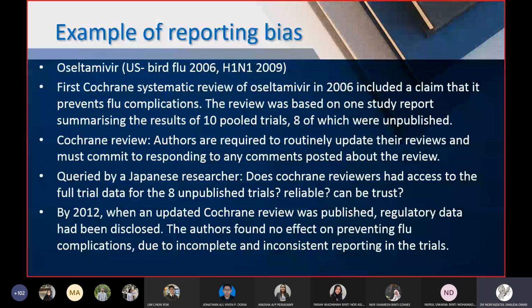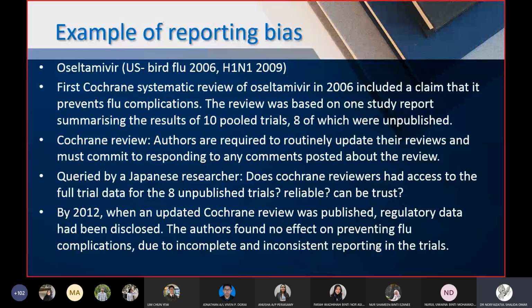So what happened in this is that the first Cochrane systematic review, okay, please bear in mind that after this I will explain further what this systematic review is, but a systematic review is considered the highest source of reliable information that you can get. So it means that this is regarded as a very reliable source for the doctors to take and use to treat the patient.